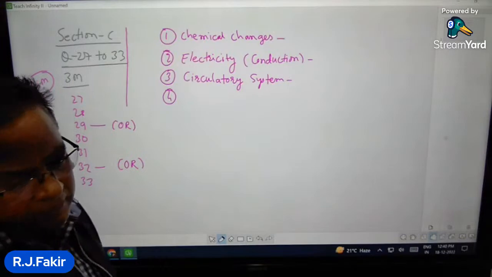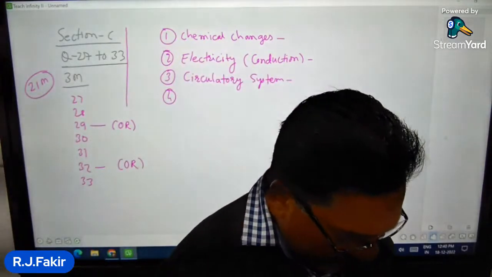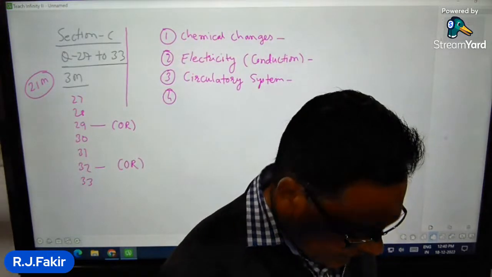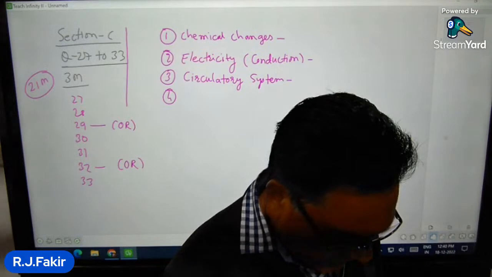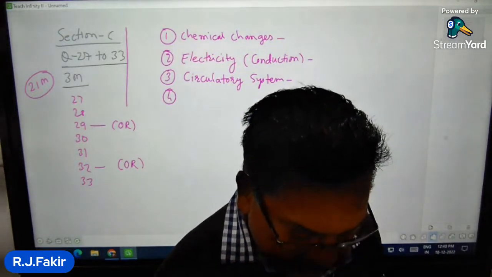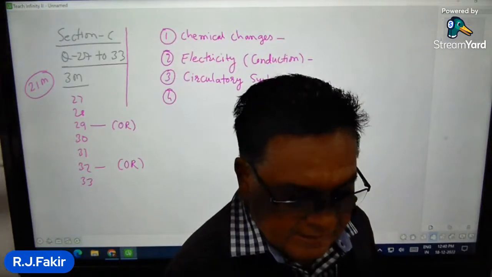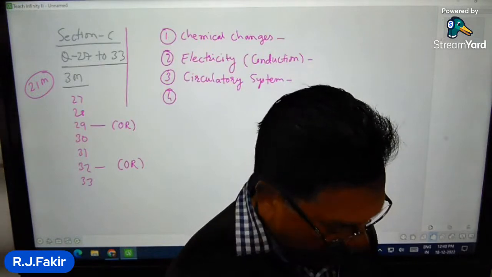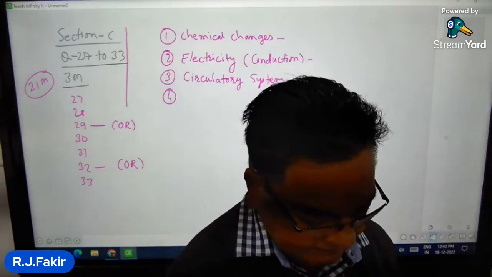Or sometimes they divide this into parts, like 3 questions can be formed for 3 marks. Name the blood vessel that brings deoxygenated blood to the human heart. So that is vena cava, like this. So they can split this question into three parts.